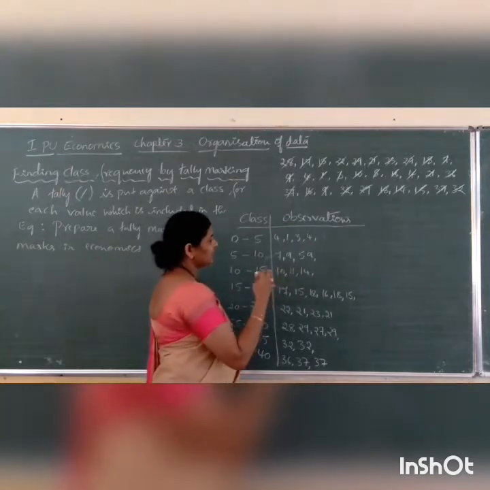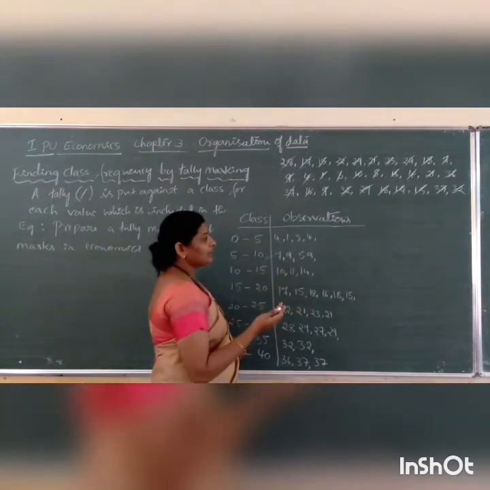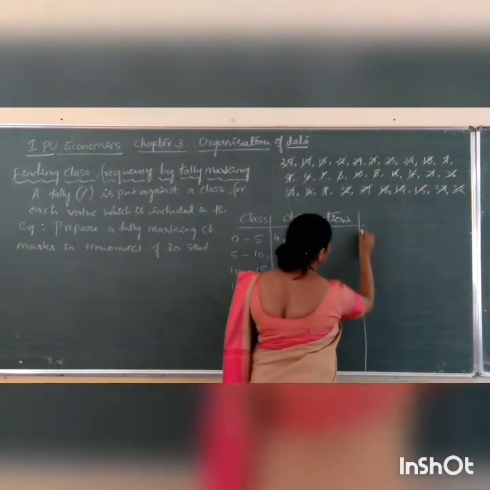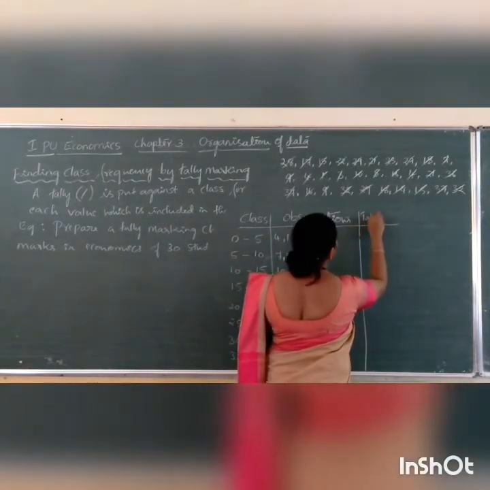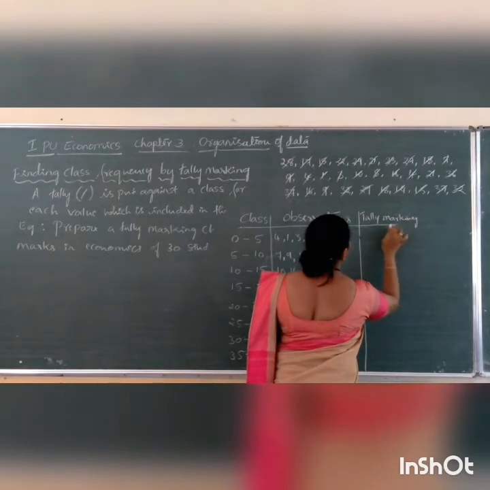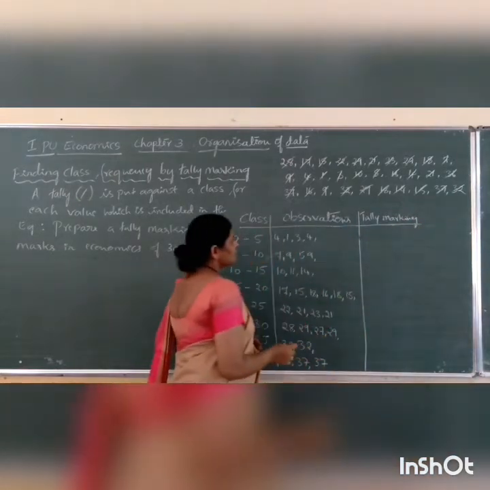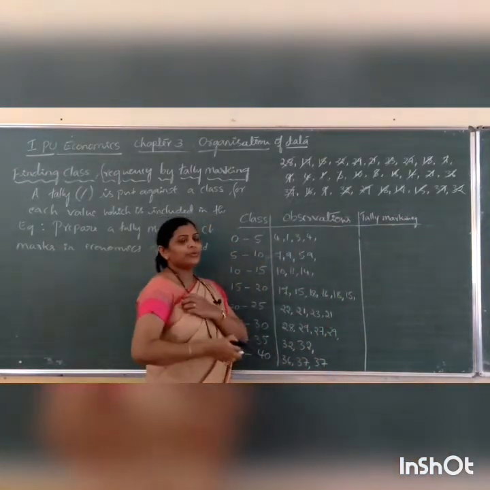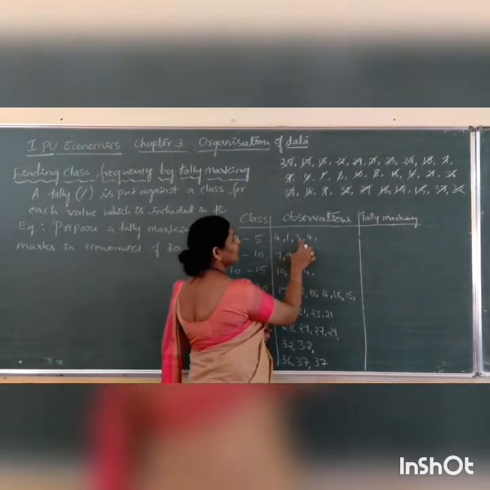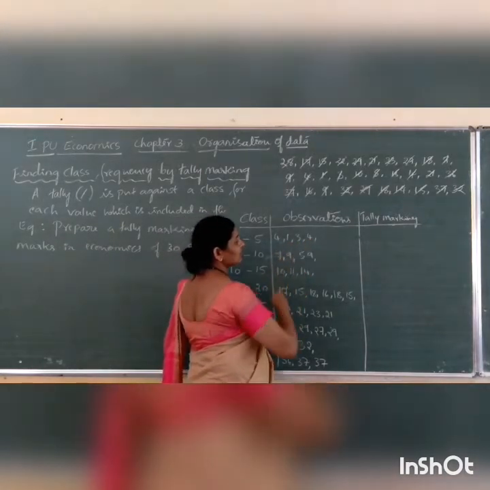So this is the first step. After that we put tally marks. As I told you before, here is how to put tally marks. In this class, 1, 2, 3, 4 observations are there.